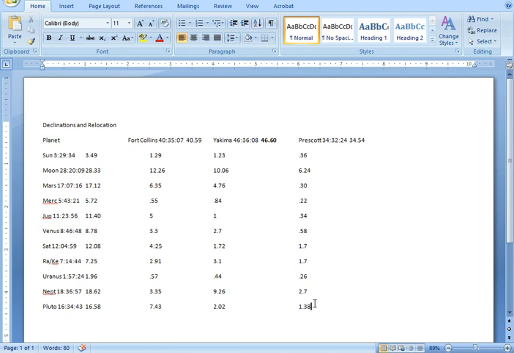So as different planets rise and give their effects in your chart, you'll always be able to find an outlet for that planet in that place. Okay? So in Prescott, I've got really close planets everywhere except for the moon. All the other planets are close.